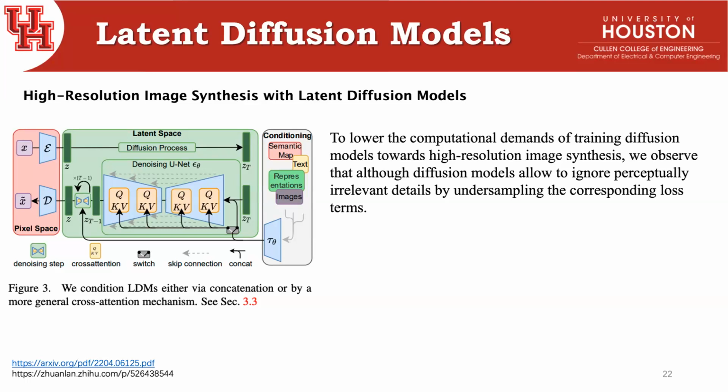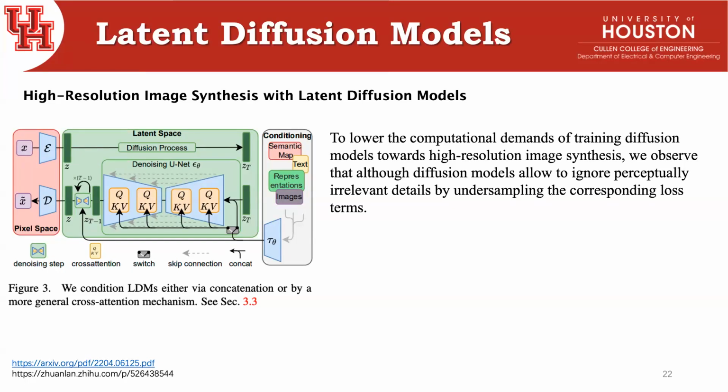So it can greatly lower the computational demand for training diffusion models. What we can learn from this is that when your representation is very large, you can use a VAE to get to a smaller size, and then do the training.